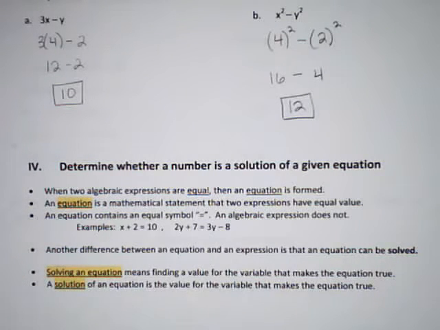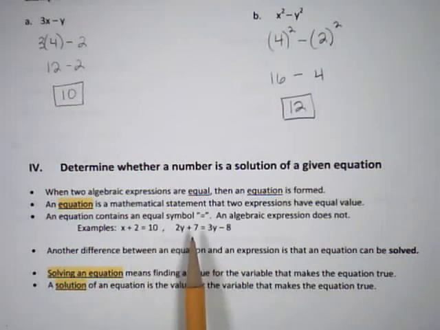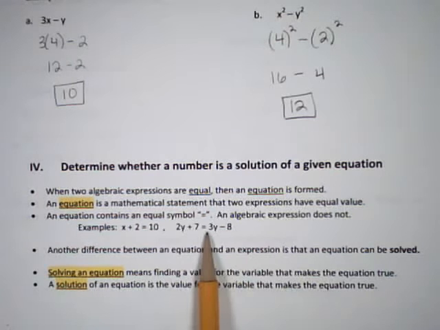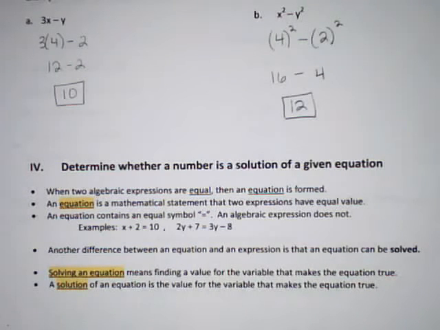Some examples of an equation: x plus 2 equals 10, 2x plus 7 equals 3y minus 8. So it can have more than one variable, but what you will see is the equal sign. Another big difference between an equation and an expression is that an equation can be solved, which is what we're going to do in future lessons.